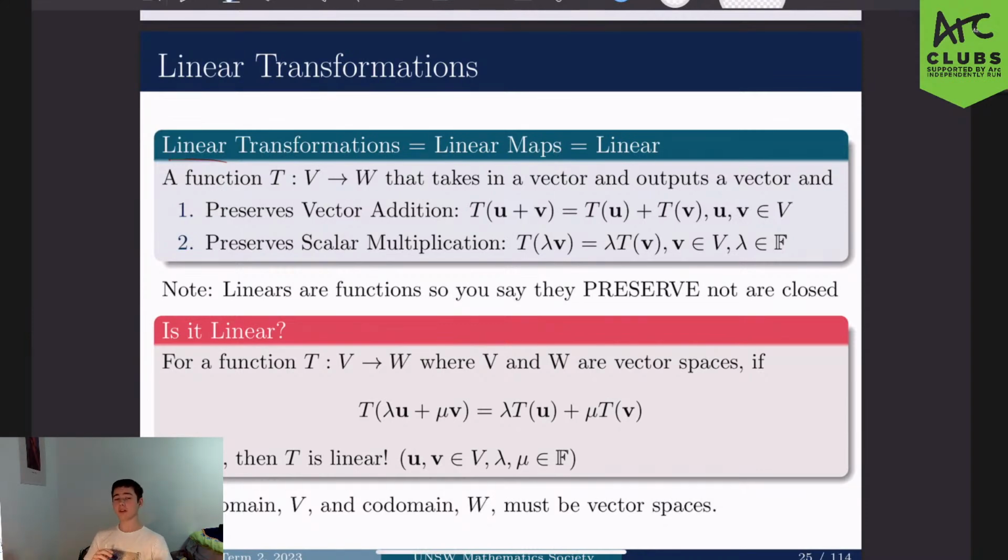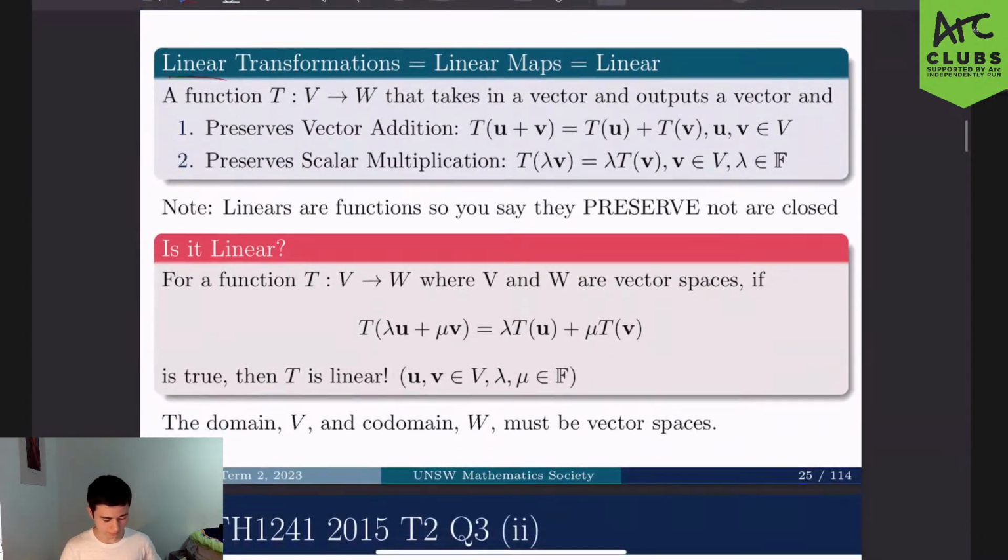Whereas preserve are simply, okay, when we look at our operations themselves, okay, do they work the same way inside as outside, okay? So from that, we say that preservation of addition is where we can distribute a function like so, okay? And similarly, for scalar multiplication, we can move scalars outside of the function. Okay? The function, the transformation, similar words, essentially.